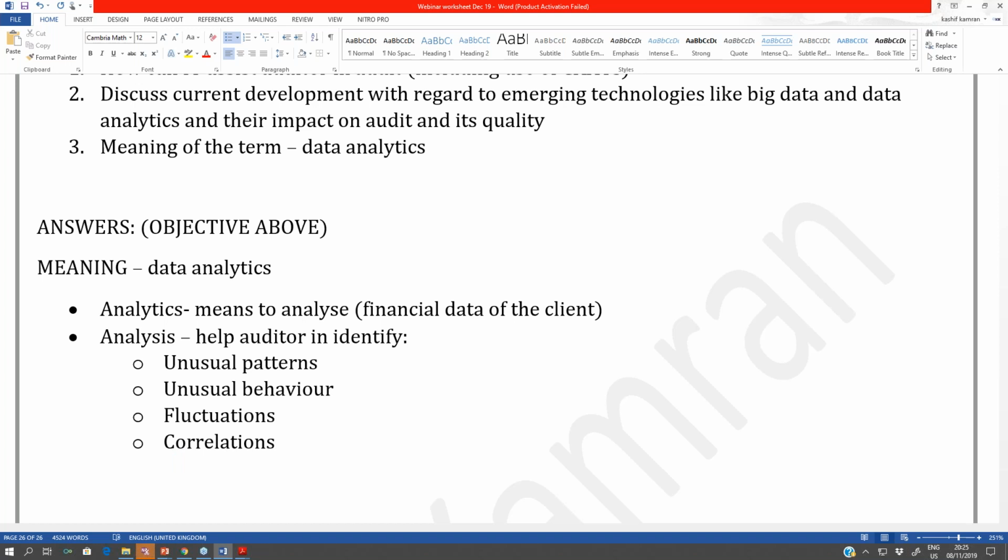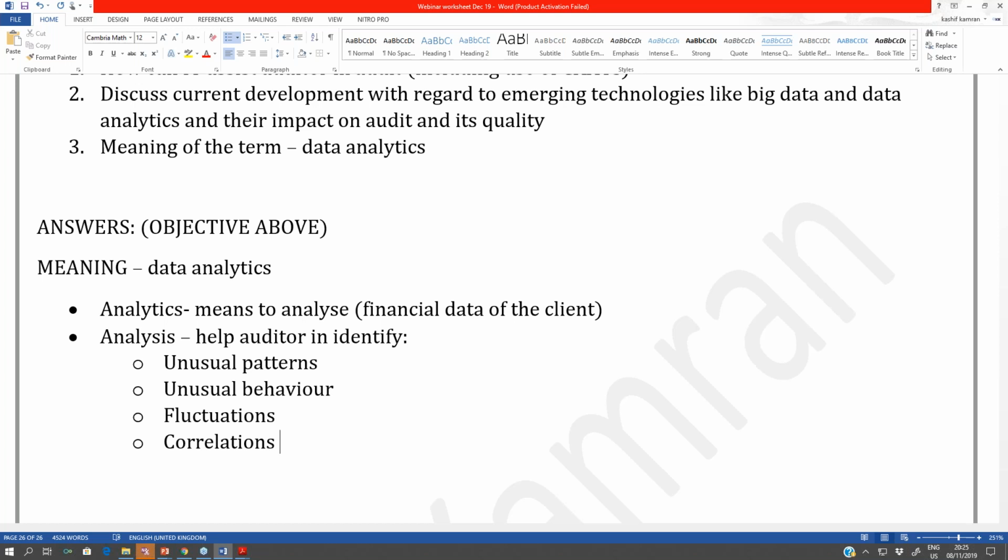We know this is normally done manually through analytical procedures, but data analytics is beyond analytical procedures. Auditors do study the unusual patterns and the unusual fluctuations even through a procedure known as analytical procedure. I hope everyone is sound on that. And data analytics is the maximization of analytical procedure.